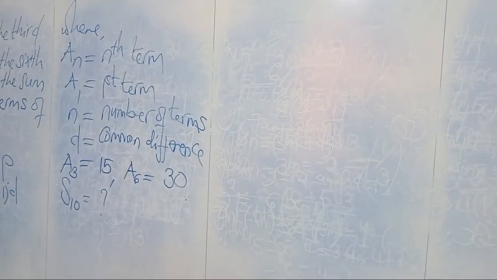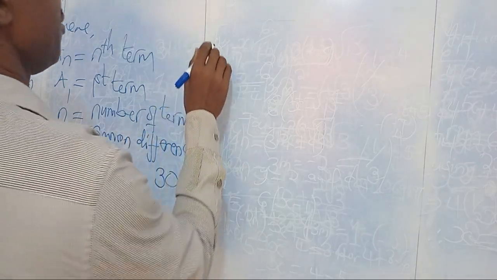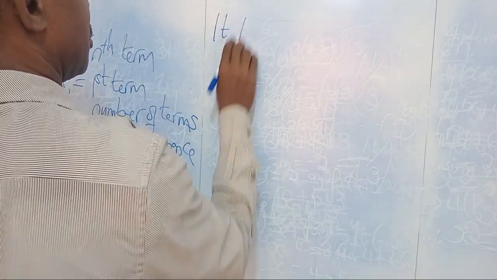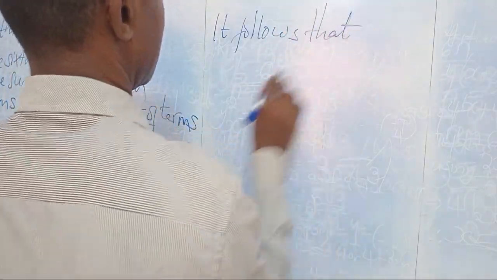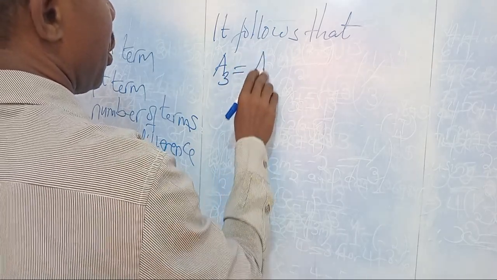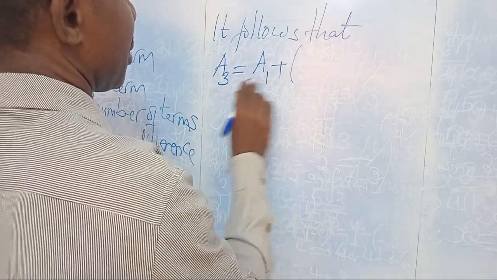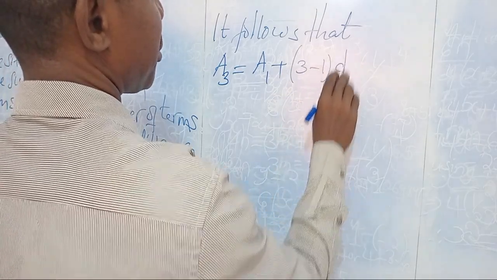Okay, here we go. Let's first start with the third term using the expression for An. Our third term, remember, here our n is 3. So we shall have A3 equal to A1 plus 3 minus 1 times the common difference.